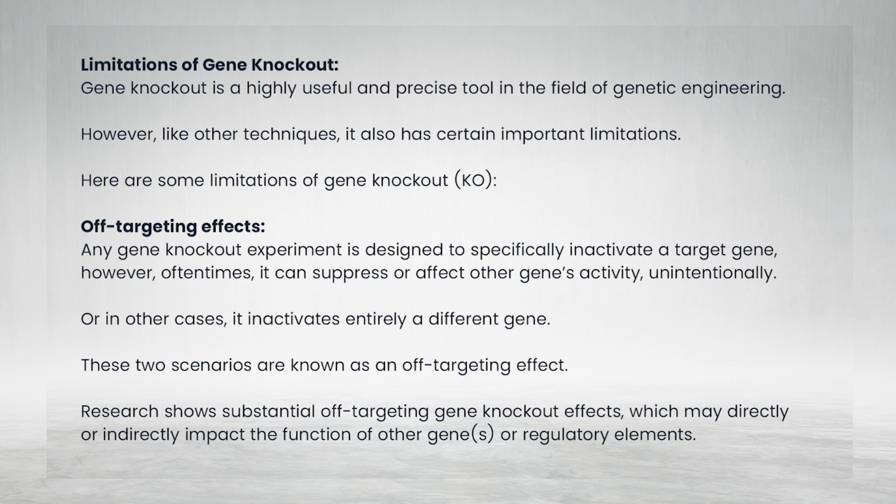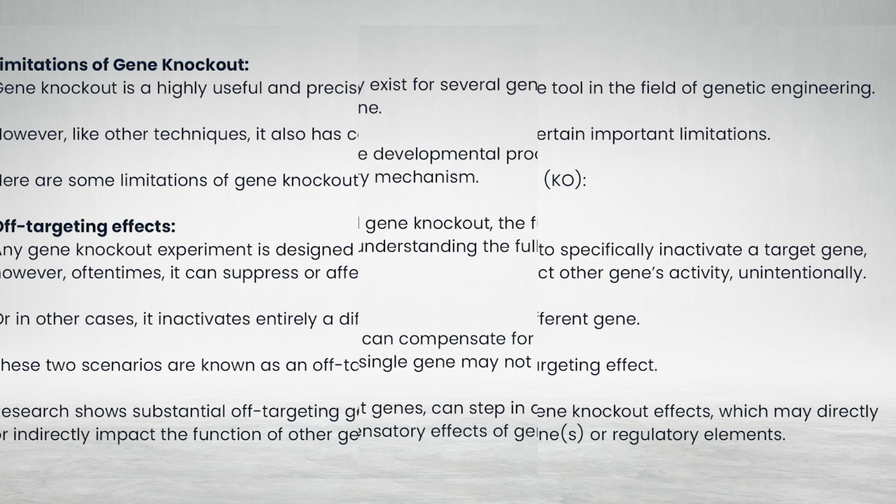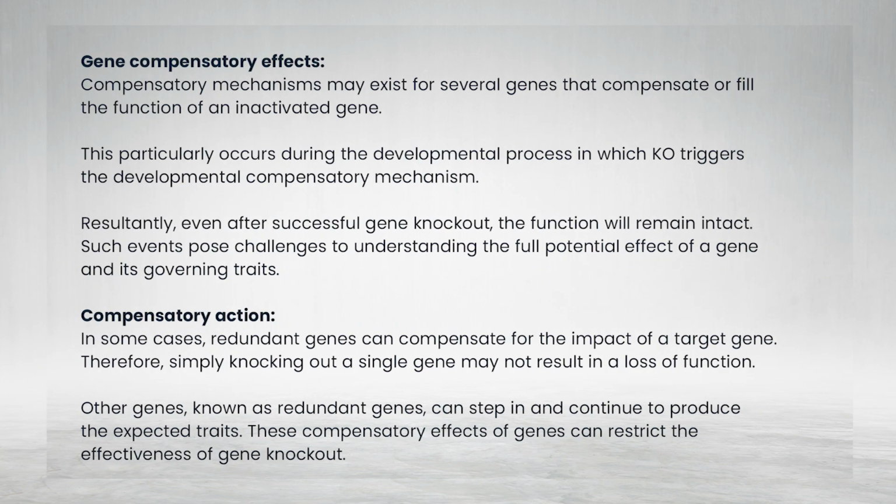These two scenarios are known as an off-targeting effect. Research shows substantial off-targeting gene knockout effects which may directly or indirectly impact the function of other genes or regulatory elements.